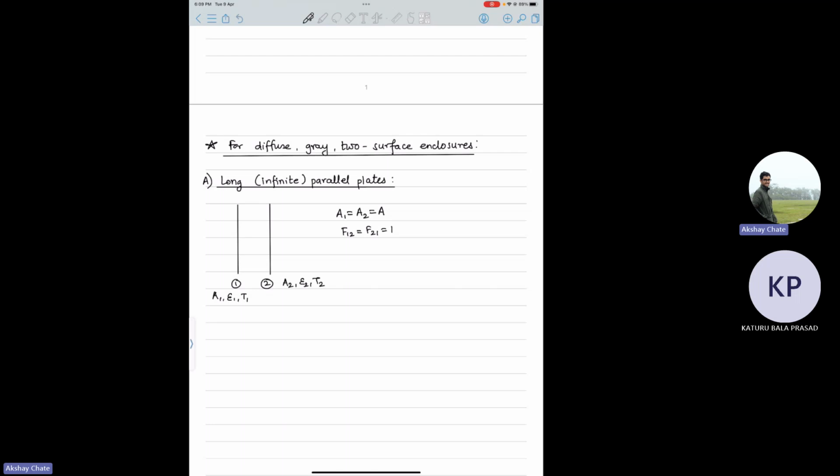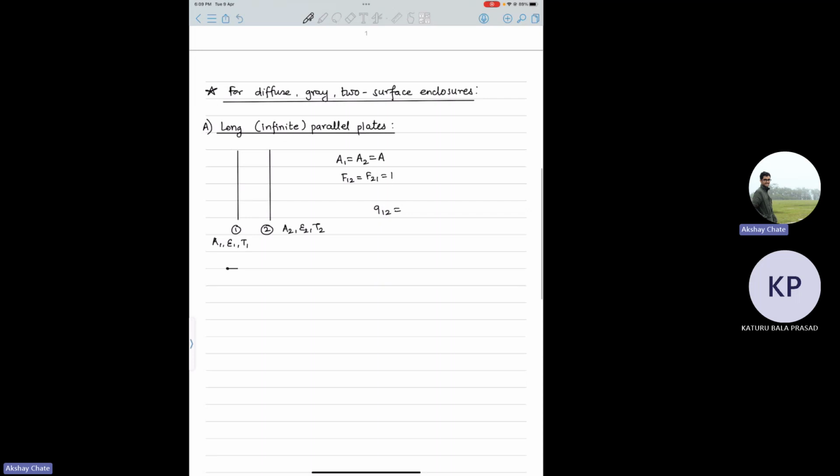In that case, your heat transfer from 1 to 2 is nothing but, you can draw the resistances, right? There will be one surface resistance, one shape resistance, and then finally one surface resistance again because of the emissivity.